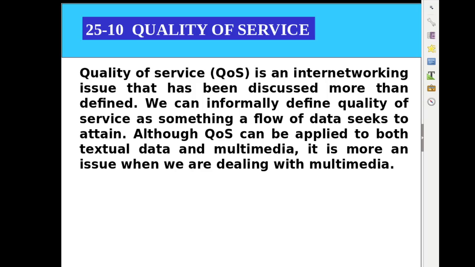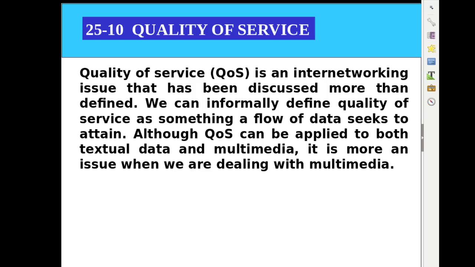So quality of service is an internetworking issue that has been discussed more than defined, right? So it can be informally defined as something a flow of data seeks to attain.